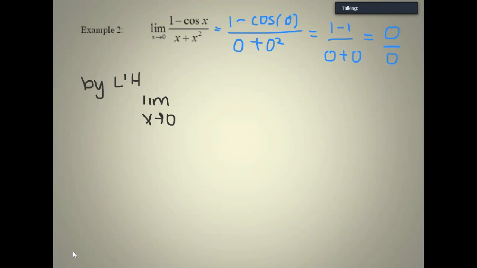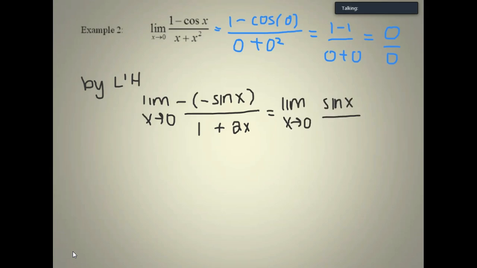If you ignored the negative and just took the derivative of cosine, you'd get negative sine, so you'd get a negative times a negative, which is a positive. Derivative of x is 1. Derivative of x squared is 2x. So this is the limit as x approaches 0 of sine x over 1 plus 2x.